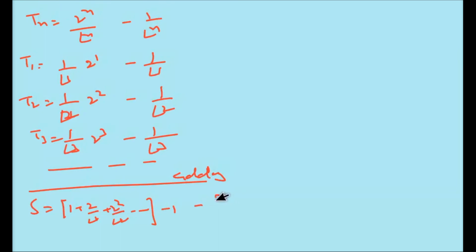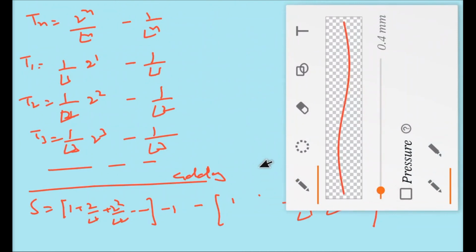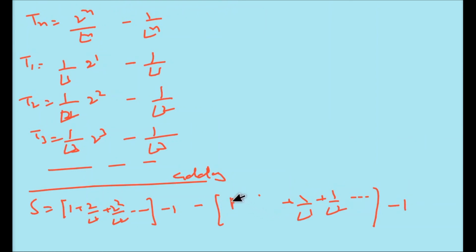Similarly, taking the minus common, if we add 1 plus 1 upon factorial 0 plus 1 upon factorial 1 plus 1 upon factorial 2 and so on, and now subtract it. We get minus this, adding 1, this minus 1.